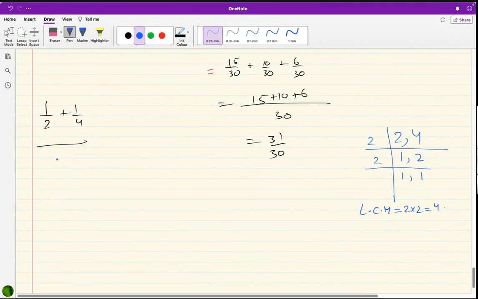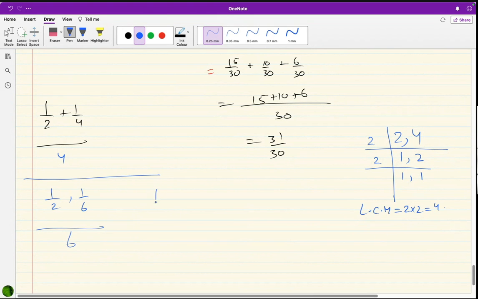So the LCM is 4. What is the LCM of 1 by 2 and 1 by 6? 6.